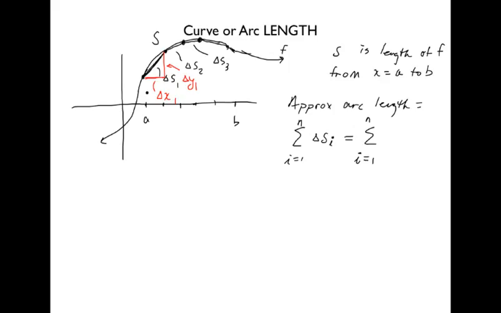Someone started to say it. So what would that length be? Square root of? Right. Square root of delta x_i squared plus delta y_i squared.